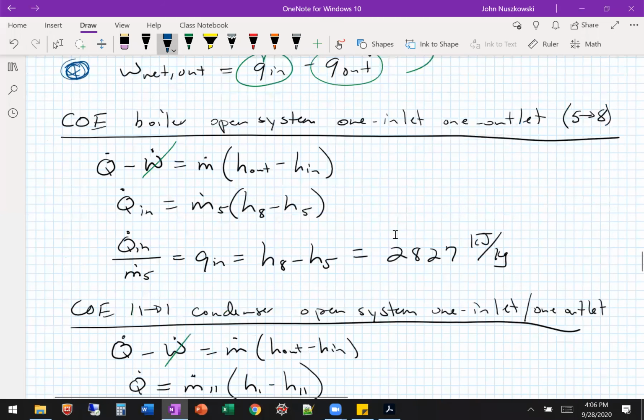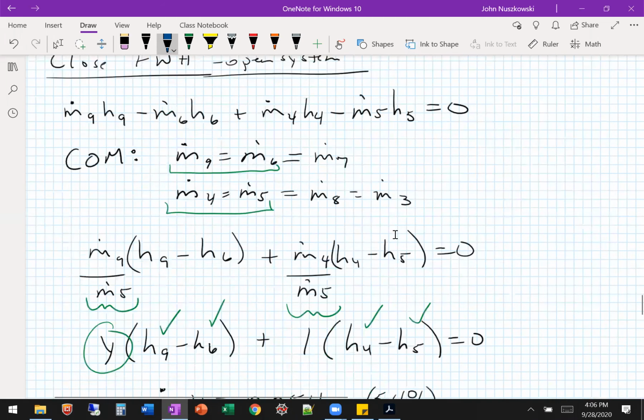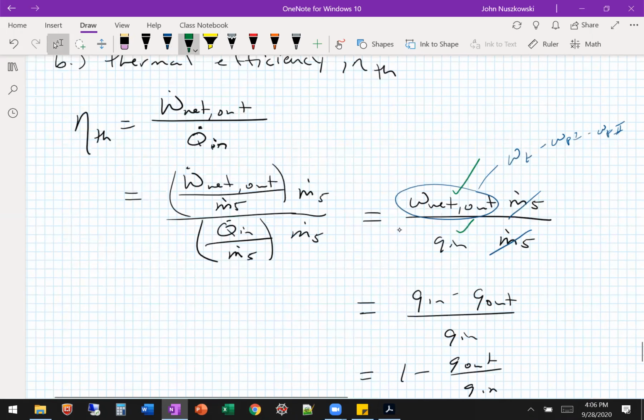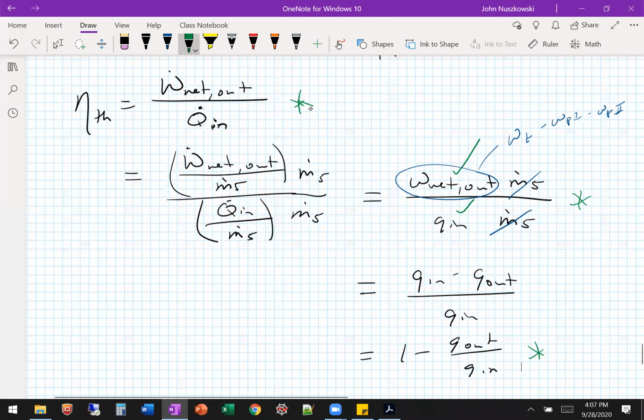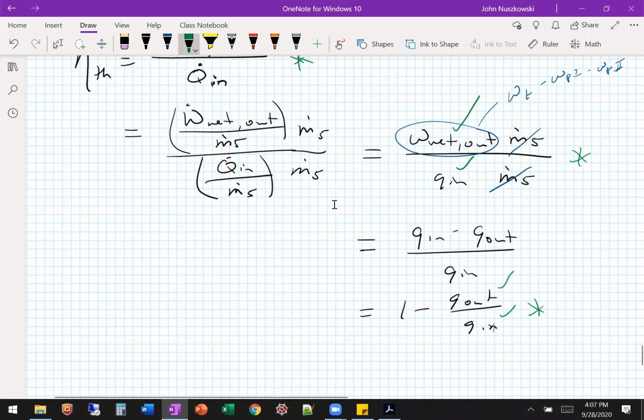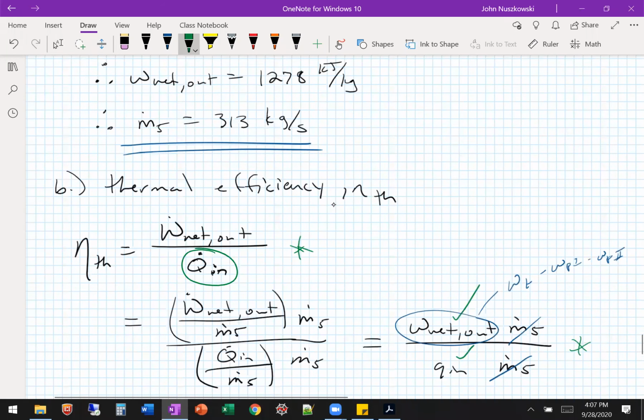So depending upon which version you go ahead and solve, we could have done this one, and we can do this one, because we have all these, we have Q out and Q in. For this one, we would just need to solve for the rate of heat transfer.